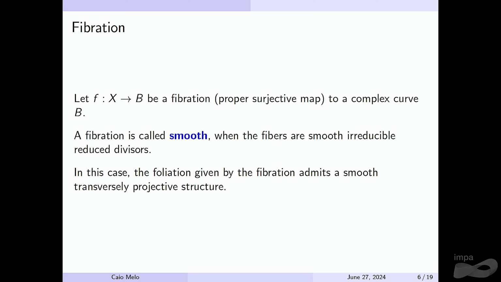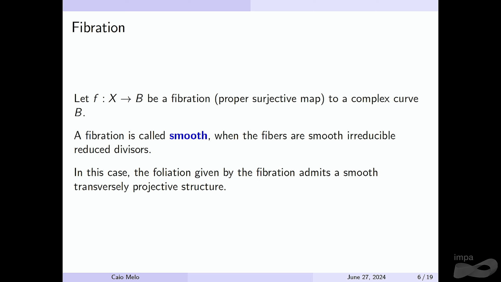So what will be a fibration for me? It's a proper surjective map to a complex curve, which I'll mostly assume to be compact. And it will be called smooth if the fibers are smooth, reduced divisors. I mean, there are no multiple fibers.